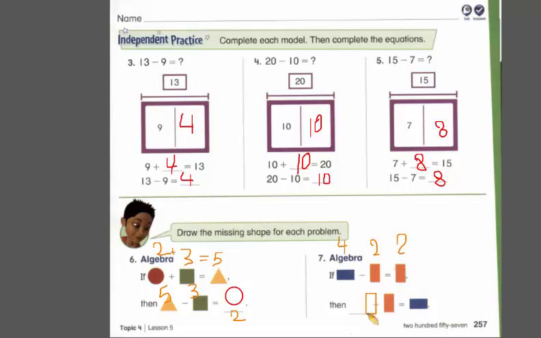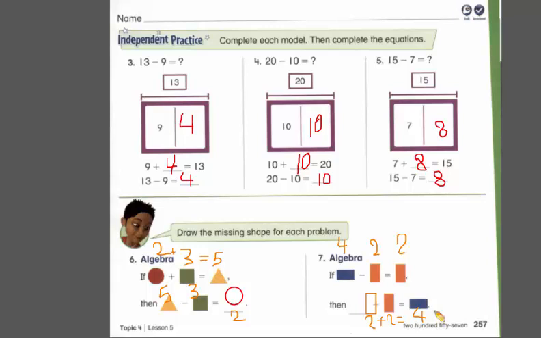So here I have plus, okay? So here 2 plus 2 equals the blue rectangle, 4. Am I correct? Yes.